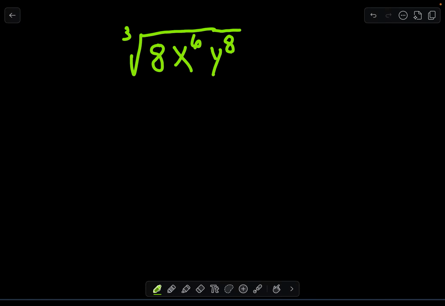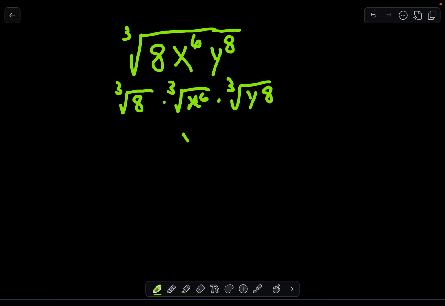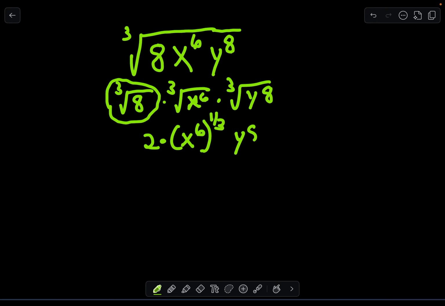Well, we know we can break the radicals up, so that's the cube root of 8 times the cube root of x to the 6th times the cube root of y to the 8th. Now the cube root can be thought of as to the 1/3 power, so this is x to the 6th raised to the 1/3 power. The cube root of 8 is just the number 2. And the cube root of y to the 8th is just y to the 8th raised to the 1/3 power.